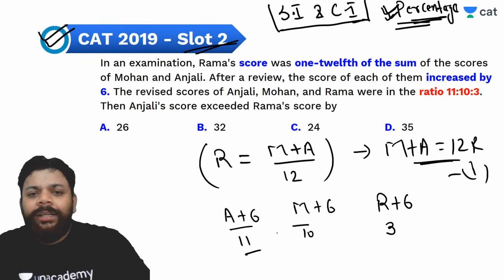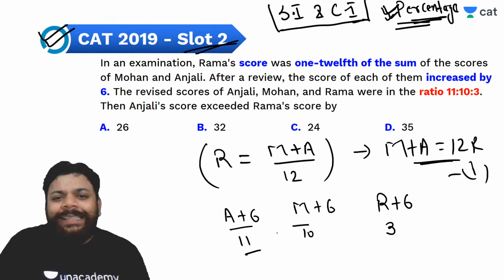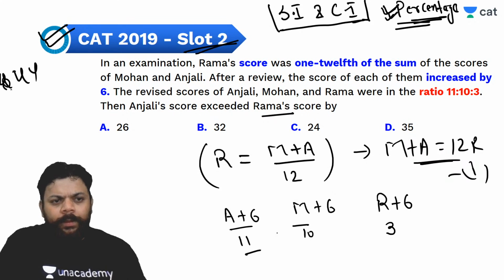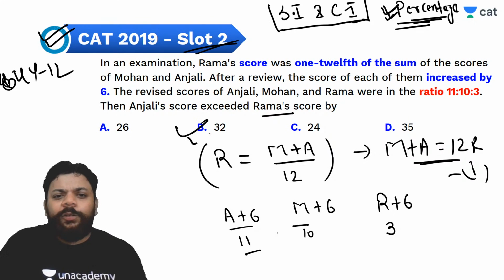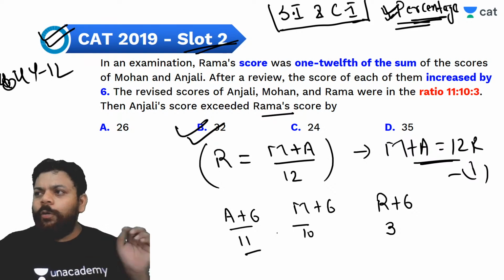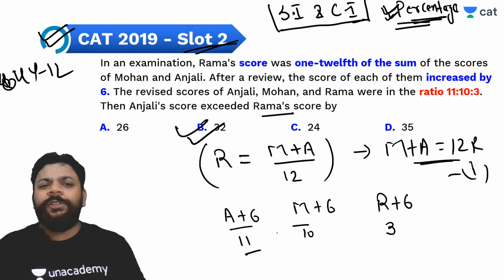So that's the reason the difference, Anjali's score exceeds Rama's score by 44 minus 12, that is 32. So I hope this much is clear to all of you.